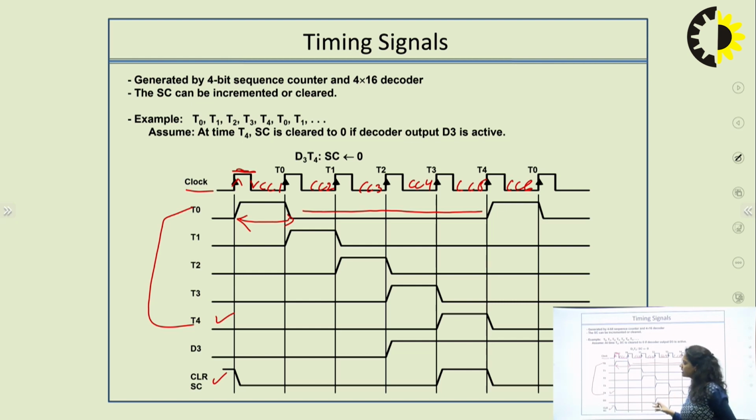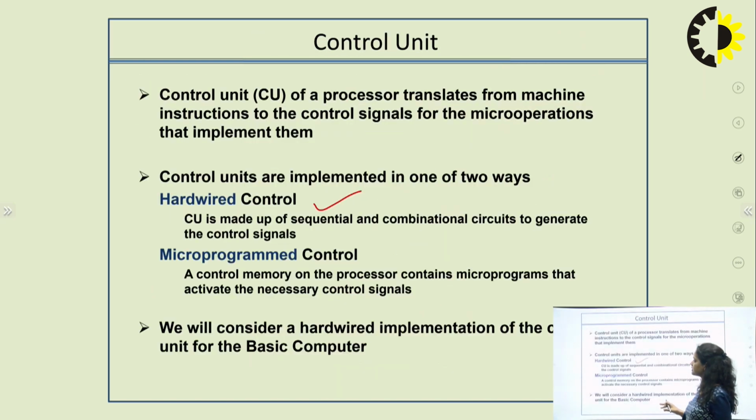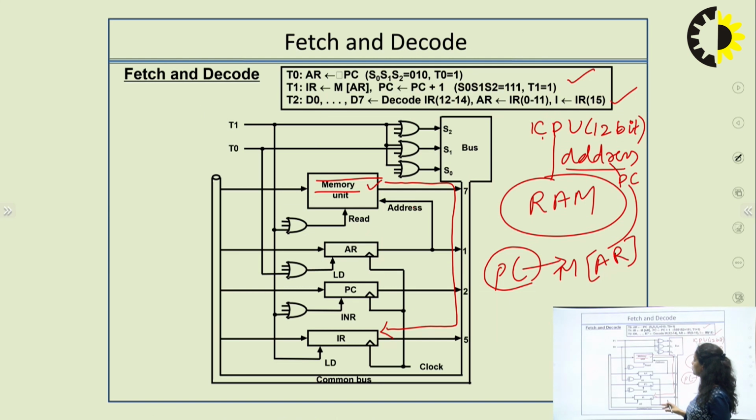So again we are taking an example of that previous instruction cycle code, this particular code which we are executing in some timing durations T0, T1, T2. In T0 we are copying the content of the program counter, that is a 12-bit address, into the address register.